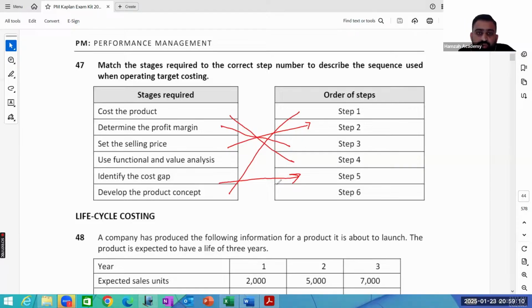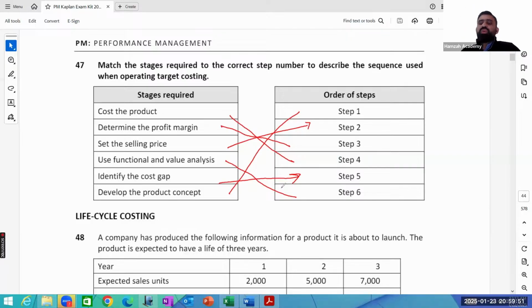And then you need to reduce the cost gap, using functional and value analysis, removing the features of the product which are not valued by the customer, and improving the functionalities in order to reduce the cost gap. So product design concept will be the first thing. Selling price will be the second. Required margin will be the third. Target cost will be the fourth. Cost gap will be the fifth. And elimination of the cost gap using value analysis or functional analysis would be the last step.